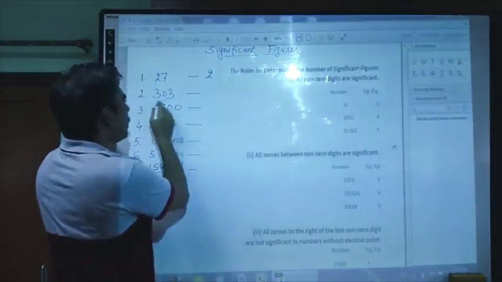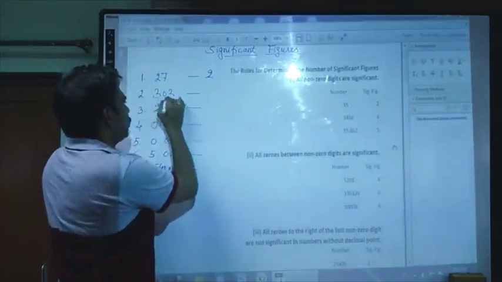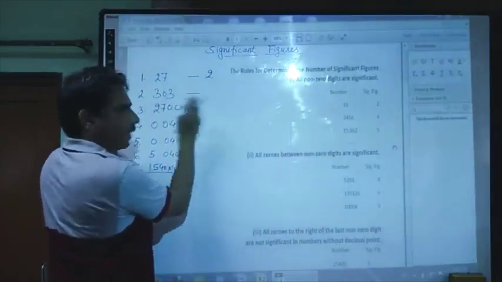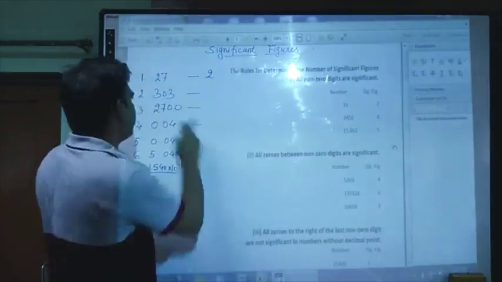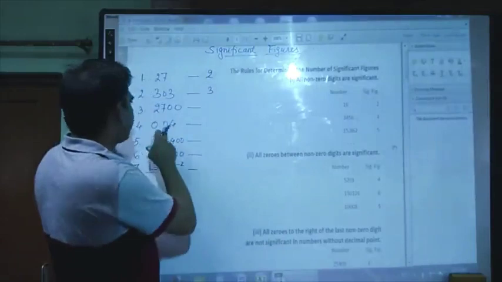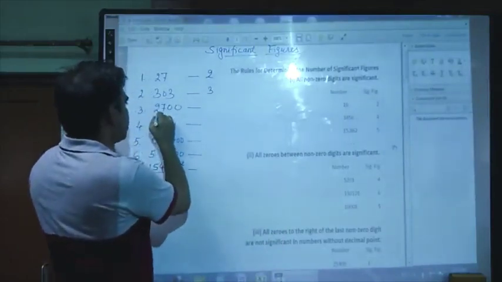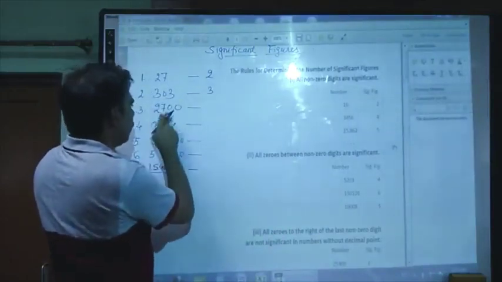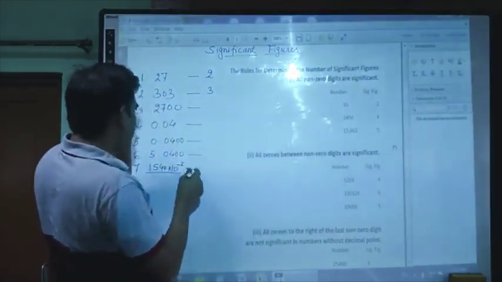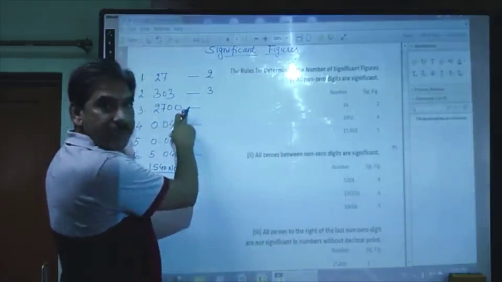The second number is 303. Because it has two non-zero digits, 3 and 3, it has two significant figures, plus the 0 which is lying in between is also a significant figure. So it has three significant figures. Then it is 2700. All zeros to the right of non-zero digits are not significant figures if it is not a decimal number.